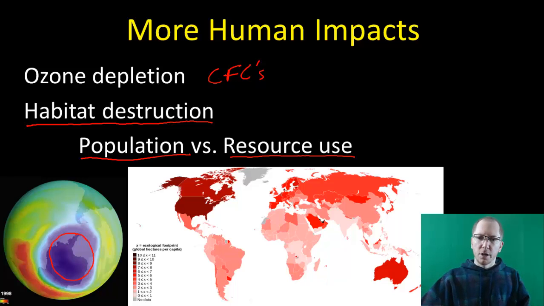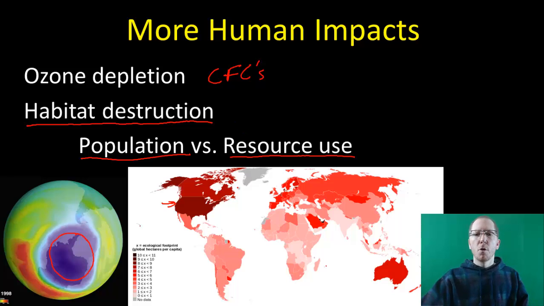When you look at this chart here, the paler it is, essentially the less resources that you're using. The darker it is, like us, the more resources that you're using. So if all humans were using kind of a more African, some Latin American type amount of resources, we could have the amount of people we have now, and we probably would be fine because we'd all be using so few resources, we wouldn't be demanding that much of the environment.